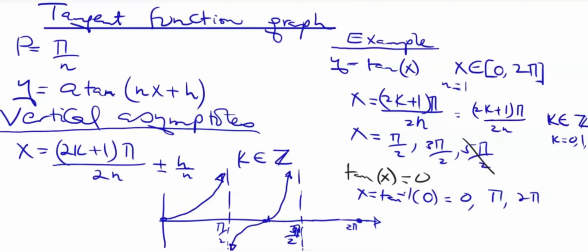My intercept is in between two asymptotes. That's my x-intercept, and the other x-intercept is this way here. So make sure you indicate your vertical asymptotes and the coordinates of the x-intercepts.